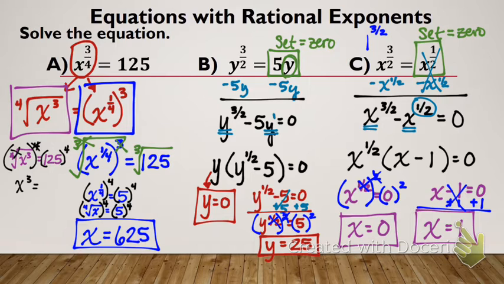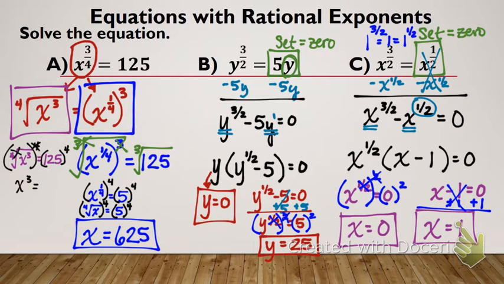What do you think 1 to the 3/2 power is? 1. Because either side of it is a 1, so we're going to get a 1 from doing that. And then on the other side, to the 1/2 power, that's the square root. What is the square root of 1? 1. So in this case, it does work. With any numbers other than 1 or 0, this would not be true. Do you guys have any other questions for me about this?